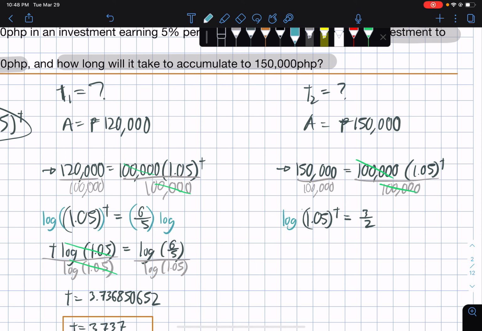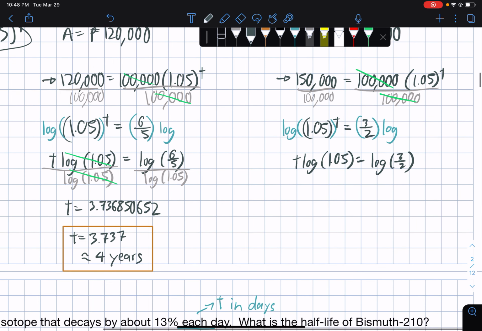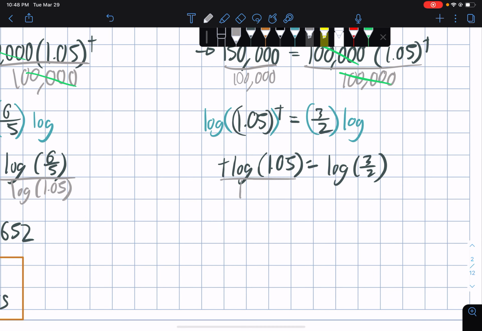Take log in order to bring down the exponent variable: t log 1.05 is equal to log of 3 over 2. Divide both sides by log 1.05. Cancel. T is equal to log of 3 over 2 over log 1.05.